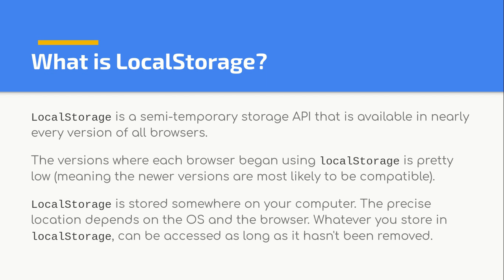Local storage is stored on your computer, and the exact location depends on the operating system and the browser that you are using. Whatever you store in local storage can be accessed as long as it hasn't been removed from wherever it was stored.